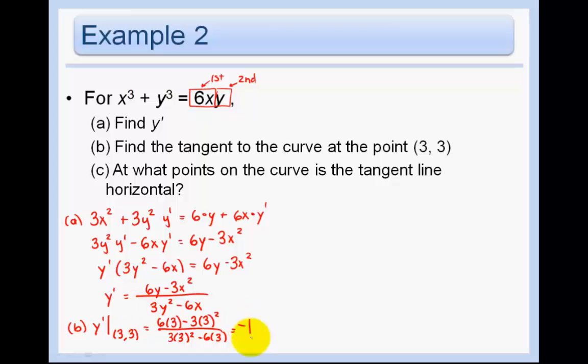And so we'll just use point slope: y equals -1(x - 3) + 3. So that's the answer to part B.